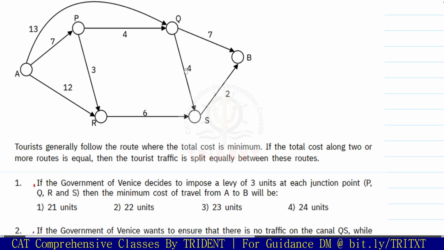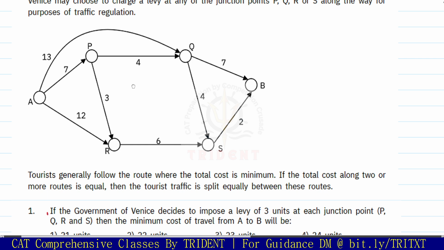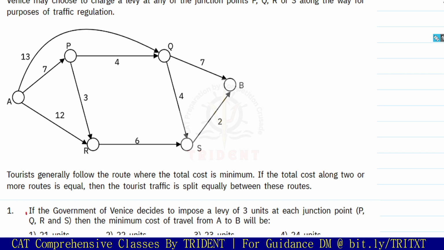First of all, let's enlarge the picture a little bit so that I can visualize it properly. Now imagine that you are standing at position A, and from A how many routes can you take to B? Starting at A, I know I can go to Q, I can go to P, and I can go towards R. From Q there are two possible routes.